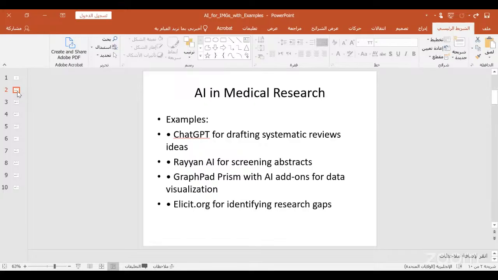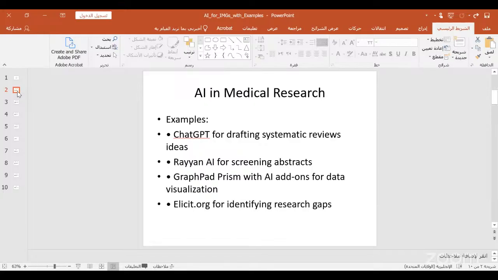Then we will go through two phases. The first phase will be the title and abstract screening, which is usually done by two separate reviewers, and we would like to keep the screening blinded, which means reviewer A will not be able to know the decision on a specific article made by reviewer B, and vice versa.